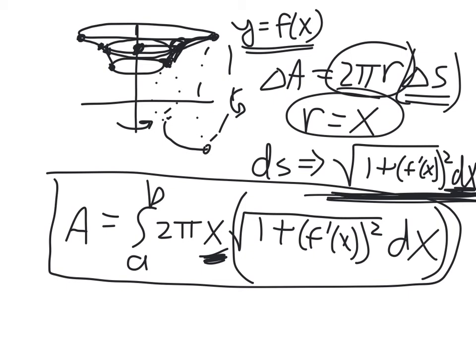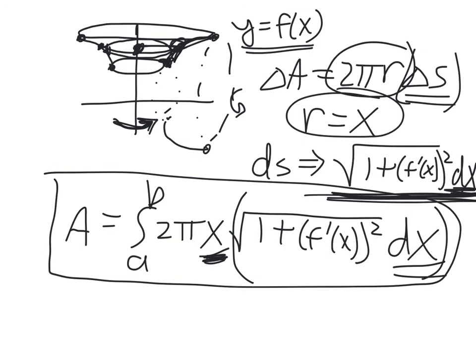Is it represented by y? If it's represented by y, because we're integrating with respect to x, we've got to substitute in the function y equals f of x. We've got to put the f of x in there. But if we're revolving about the y-axis like this one, the radius is just x. Okay? Questions?